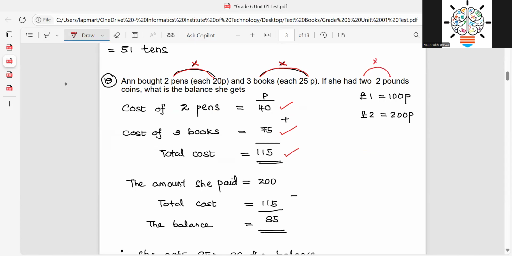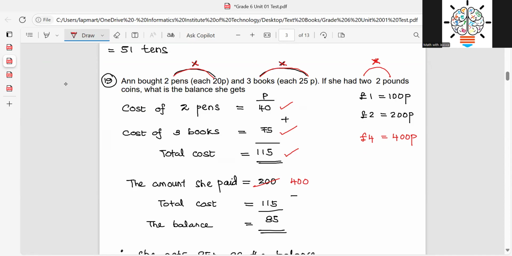Altogether, how many pounds does she have? 4 pounds, right? So then the 4 pounds should be 400 pence. So the amount she paid should be 400, not 200, because here I have mentioned 2 pounds.